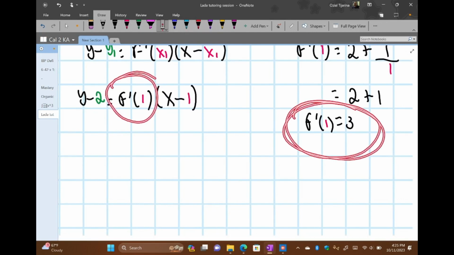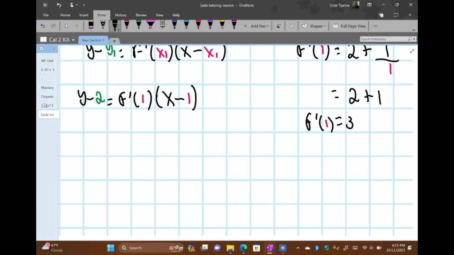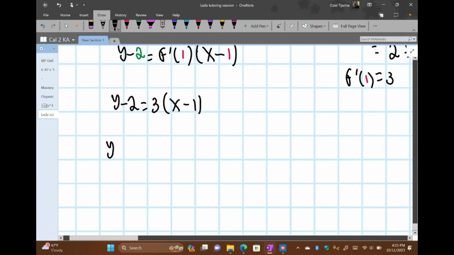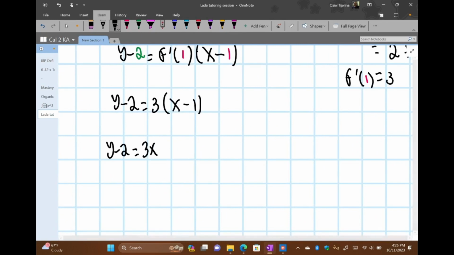Okay, so we have y minus 2 equals 3 times x minus 1, and so we end up with y minus 2 equals 3x minus 3. If you add 2 to both sides, you get y equals 3x minus 1.